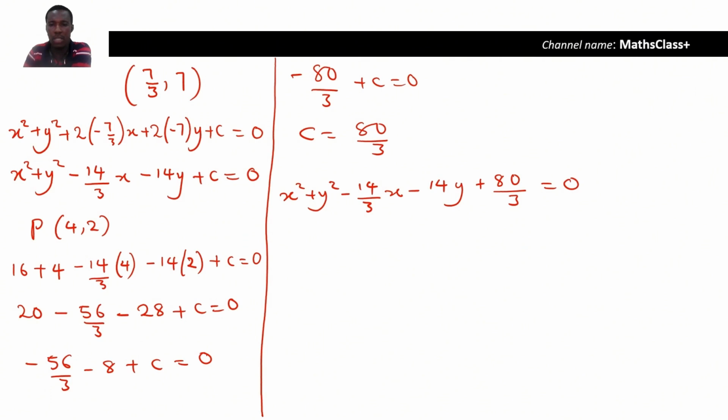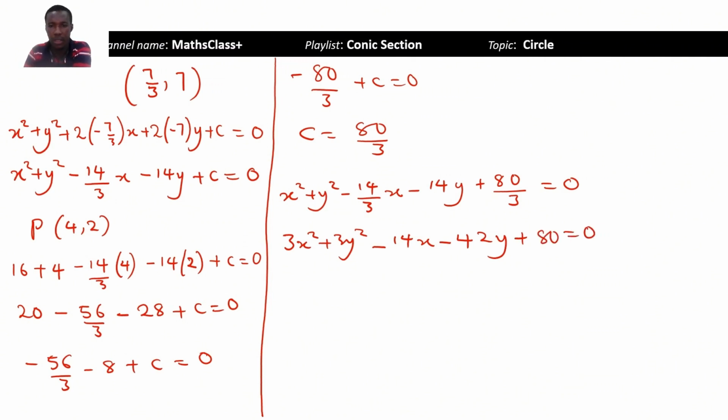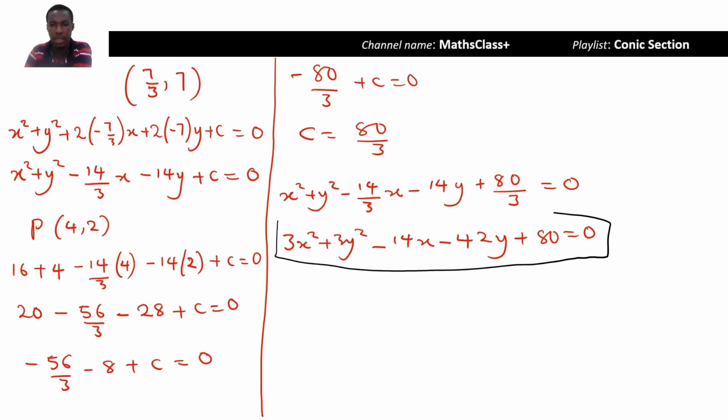So now I want to multiply through by 3, and that will give me 3x squared + 3y squared - 14x - 42y + 80 = 0. So that becomes the general equation as required by the question.